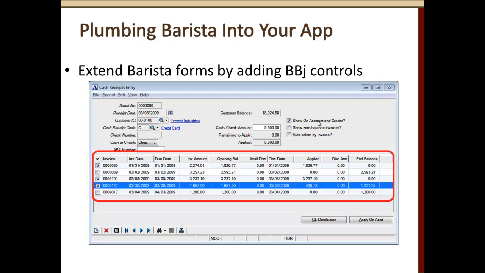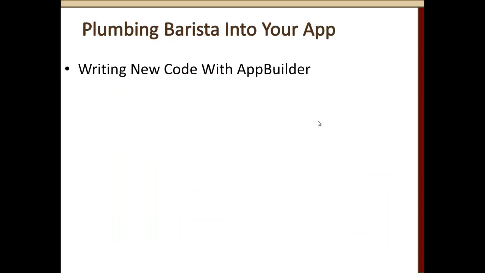So here, within the add-on product, is our cash receipts entry. It didn't lend itself to using a standard Barista form layout. We've used a Barista form that has controls across the top, but the controls within the red box here, the new grid, have some check boxes in them and some different functionality that we've generated in our custom code, but we've added it within the Barista form.